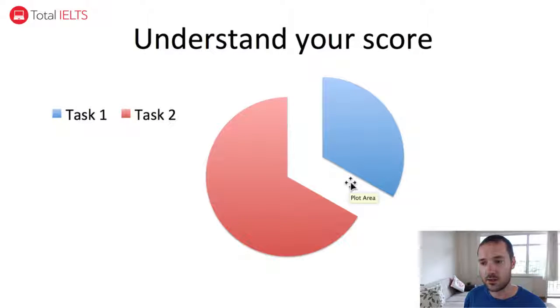And as you can see from this graph, bar chart or pie chart, apologies, task 2 is worth more. Therefore, it requires more time. I strongly suggest 20 minutes for task 1 and 40 minutes for task 2. Task 1 requires 150 words, whereas task 2 needs 250 words. So again, the word count could also tell you that there's a lot more required for task 2.